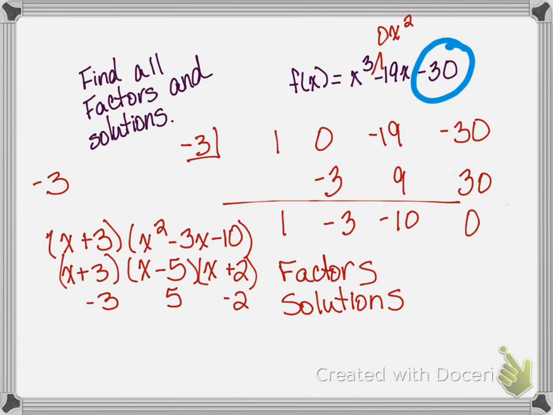We've got ±1, ±2, ±3, ±5, ±6. So when you have that many factors, I will often give you the number to start with. And I will probably give it to you on your test. Now, I want you to look right here.